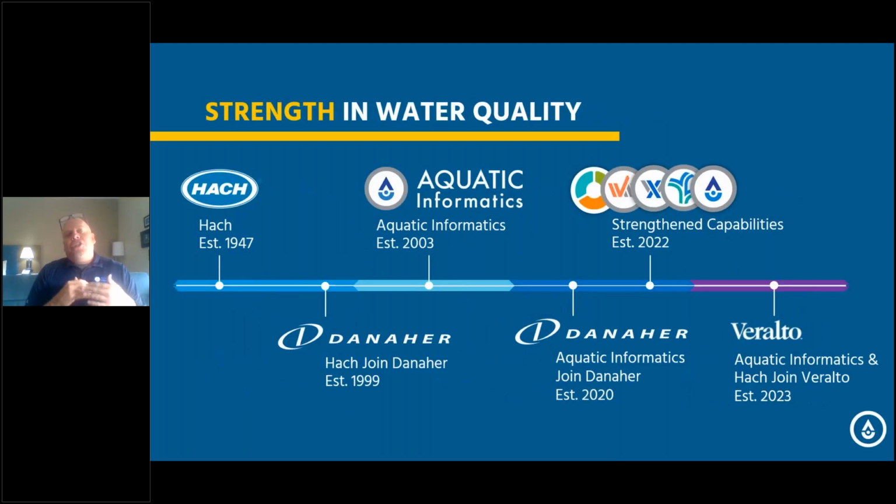So just a little bit of history, lots of things going on, lots of changes, and how are we growing our strength in our water quality? As everybody knows, our data management platform, WIMS, came to Hach in 2009, and Hach joined Danaher back in 1999. With the WIMS platform coming into Hach, it's been a Hach product for quite some time.